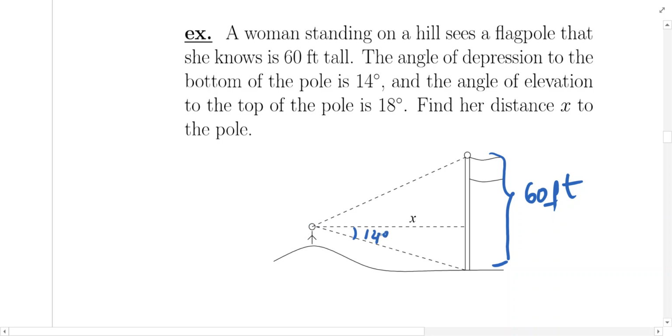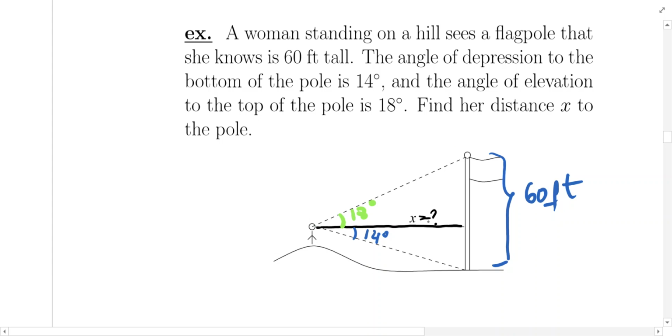And then the angle of elevation to the top of the pole is 18 degrees. The question is, find her distance x to the pole. So x equals what?